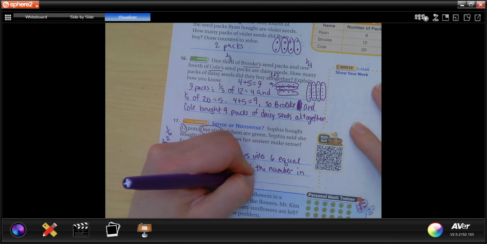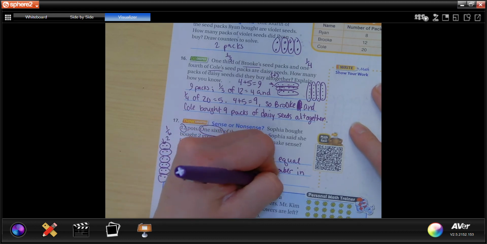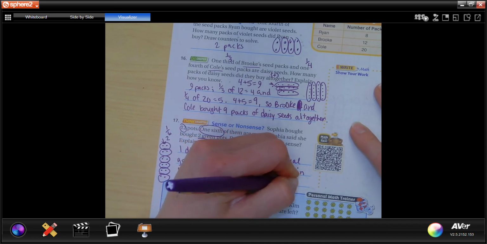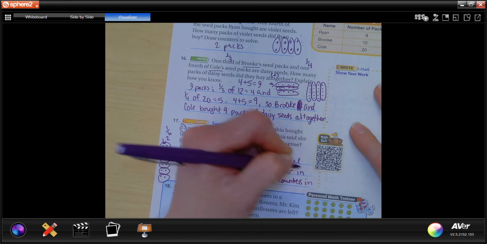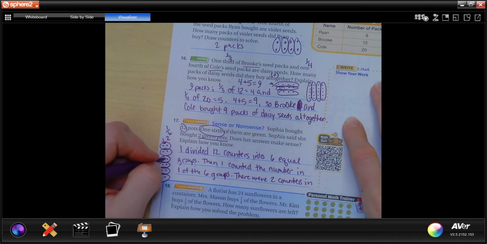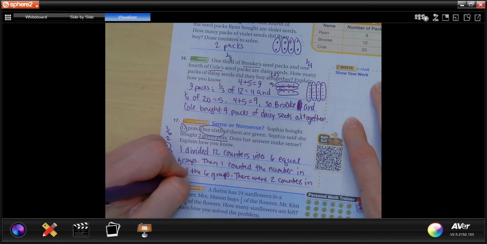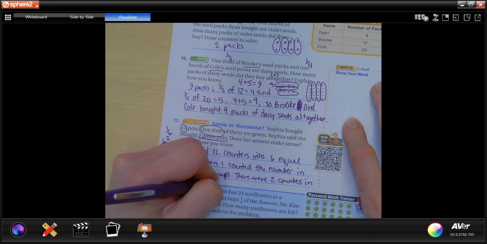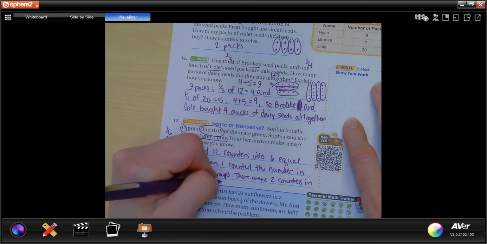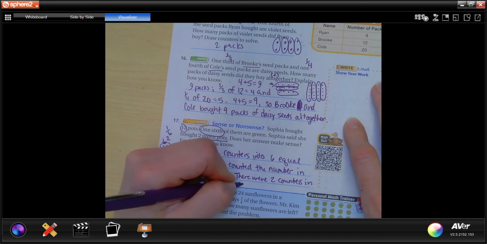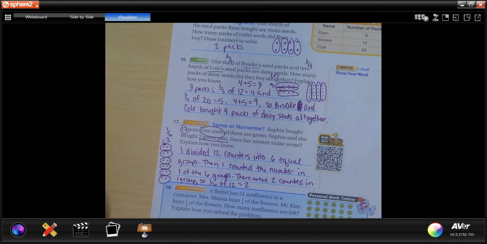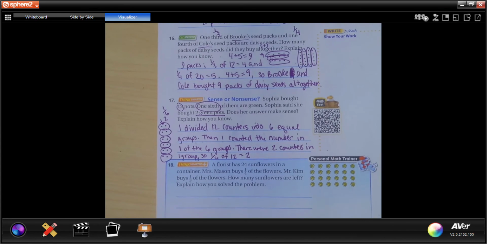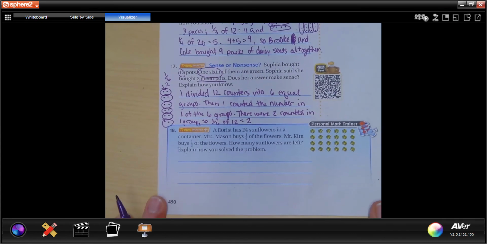There were 2 counters in one group. So 1/6 of 12 equals 2. You can pause it if you need to write that down.